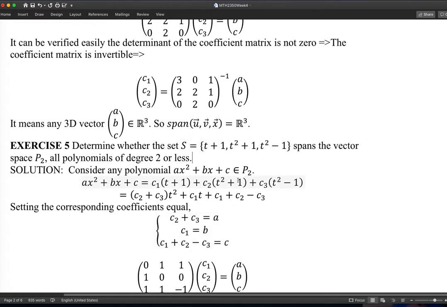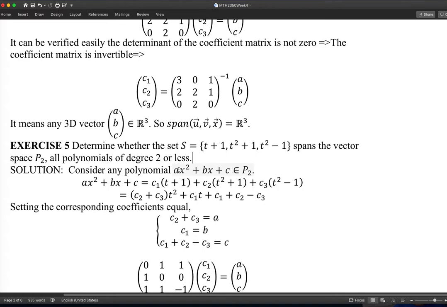So I just said, this is in general any second degree polynomial, right? And it could be degree 1 if we set the coefficient a as 0. And in the case where a and b are both 0, it could be degree 0, a constant. So basically any polynomial in P2 can be represented in this fashion.